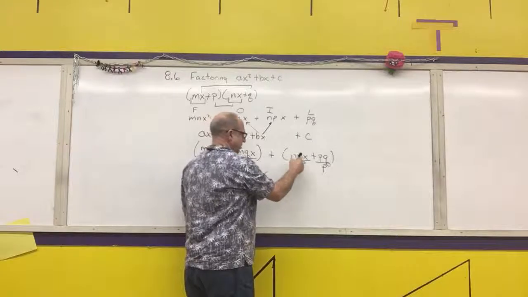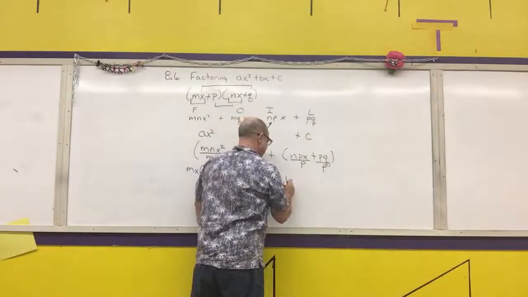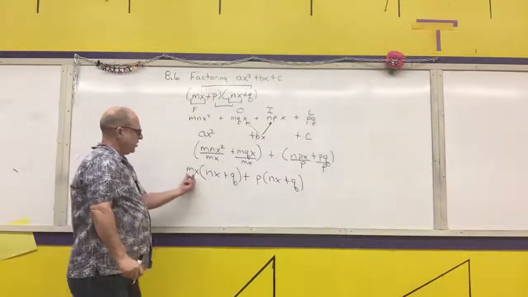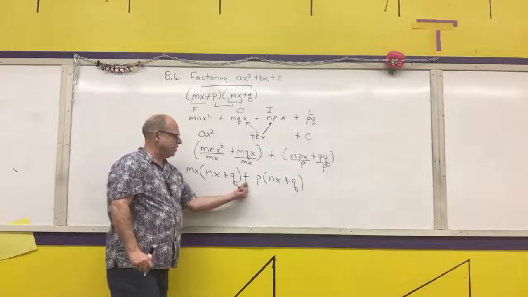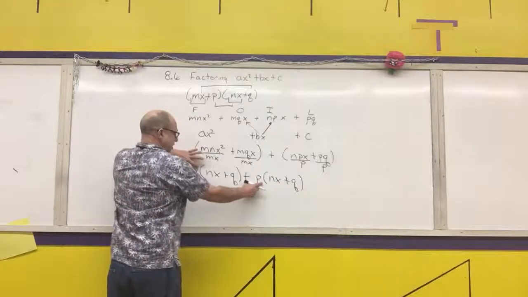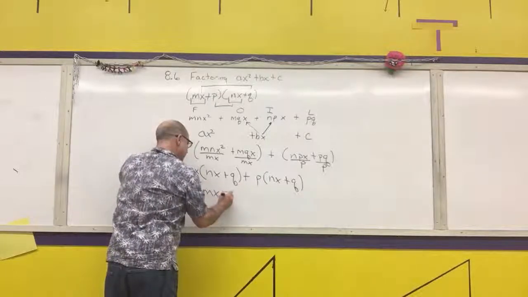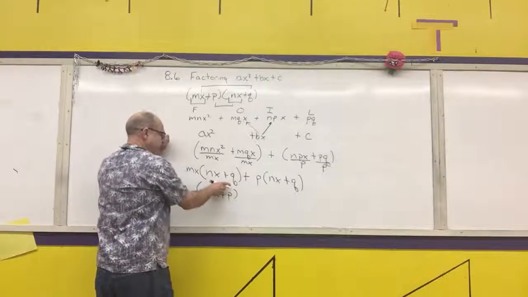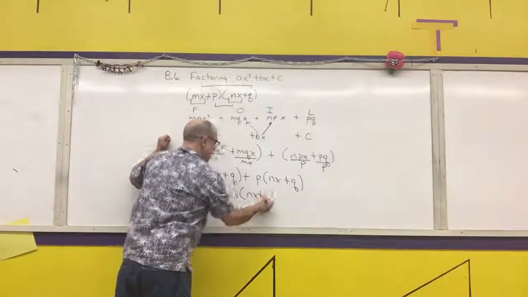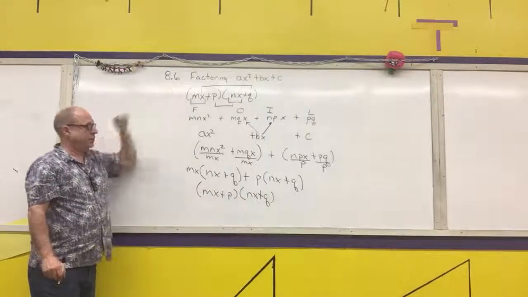The p's cancel, so I have nx. The p's cancel, so I have a plus q. And notice I have something times mx plus q plus another something times nx plus q. So I can take these two terms and pull them together times the thing they were multiplied by. And notice I get back to where I started from.